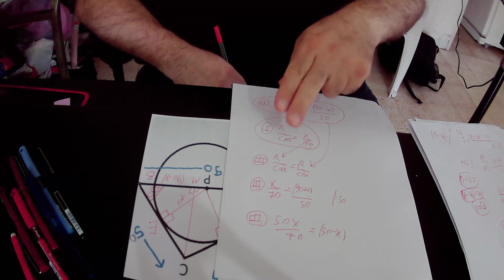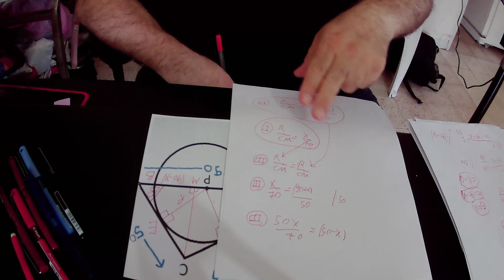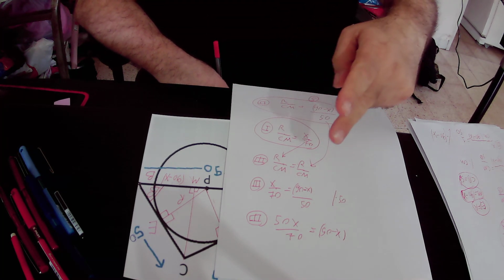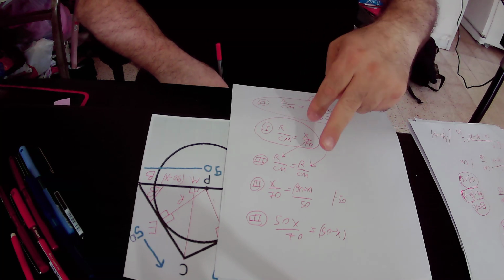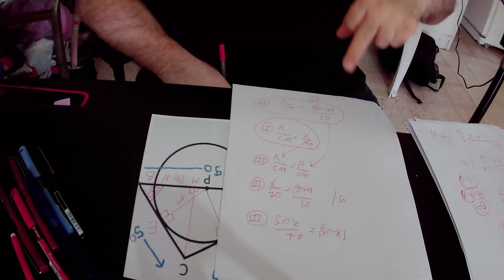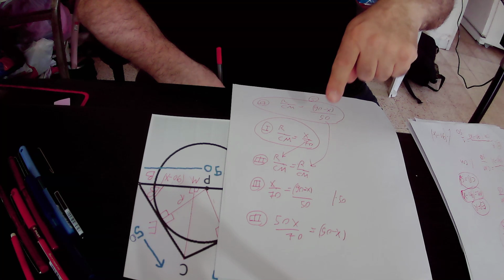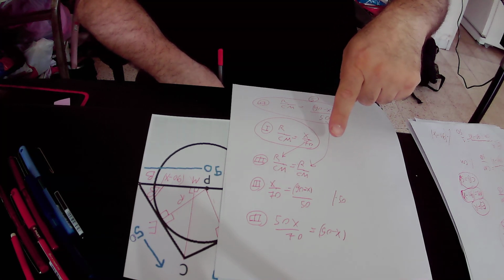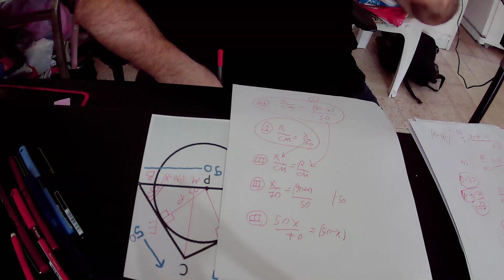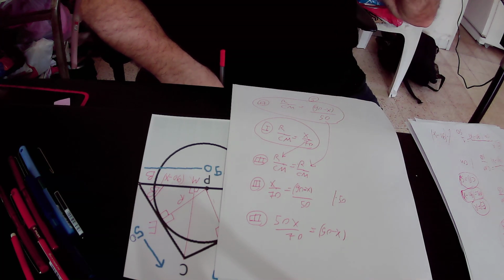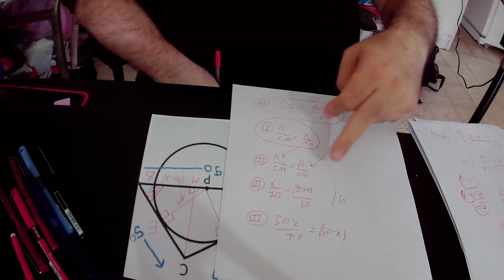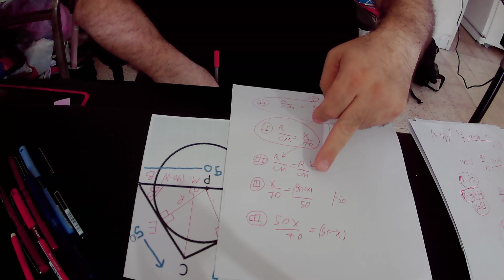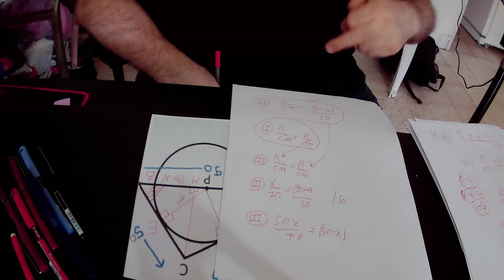So I multiply both sides of the equation by 50, and x over 70 times 50 equals 50x over 70, and 90 minus 6 divided by 50 times 50 equals 90 minus 6, because 50 over 50 is 1, so 50 is cancelled from this side of the equation, and we are left only with 90 minus 6.